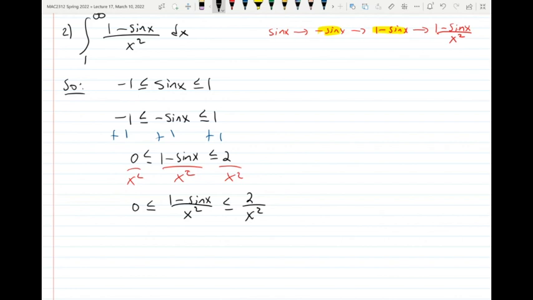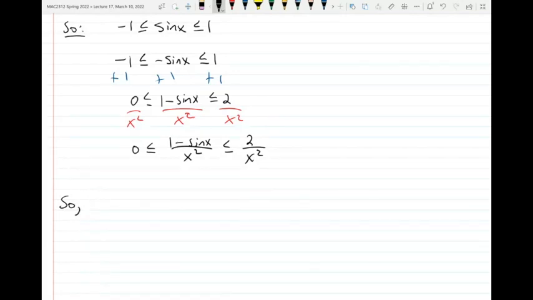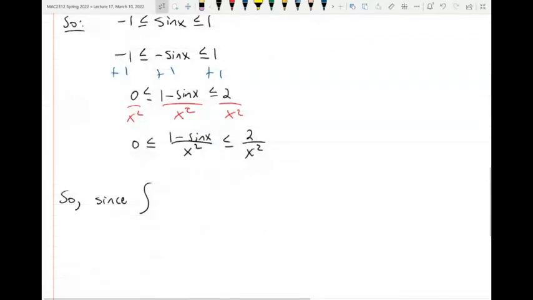Okay? So let me write it down. Remember, I'm first going to talk about the original integral.